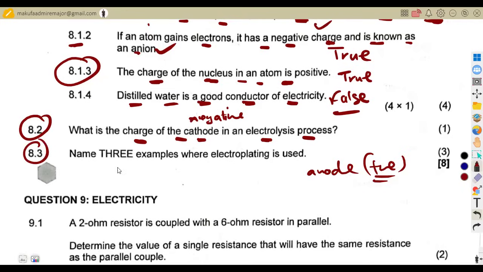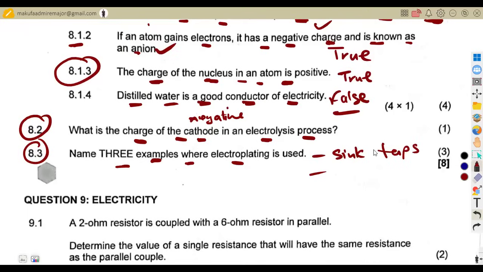All right. 8.3, name 3 examples where electroplating is used. We can talk about sink taps, pots, and car parts. They use electroplating machinery in our industries.